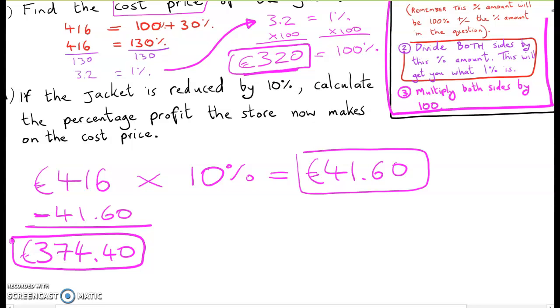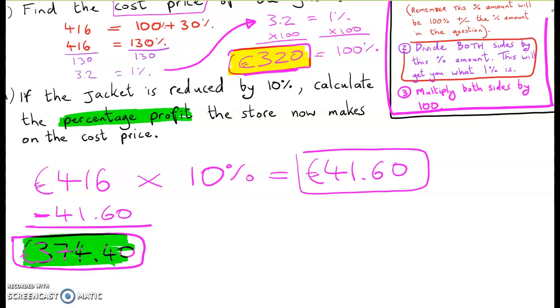So that's how much they're selling the jacket for now. But how much did the jacket originally cost them again? Up here, look, it cost them 320. And this is how much they're now selling it for. The question is asking you to work out the percentage profit they're now making on the jacket at this new price. Well, are they making money or are they making a loss?